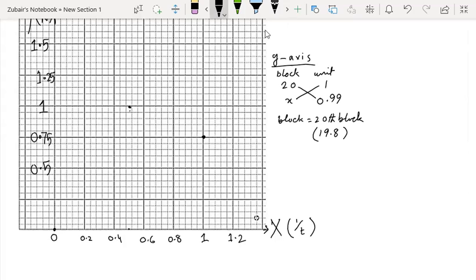By the way, where is the y-intercept? This line is basically the y-axis line, capital Y-axis. So now we should draw the line.